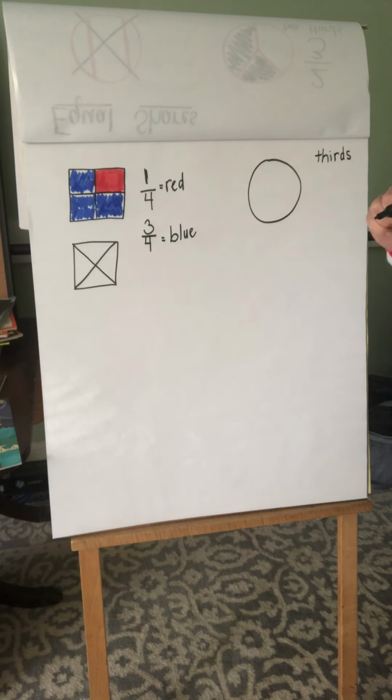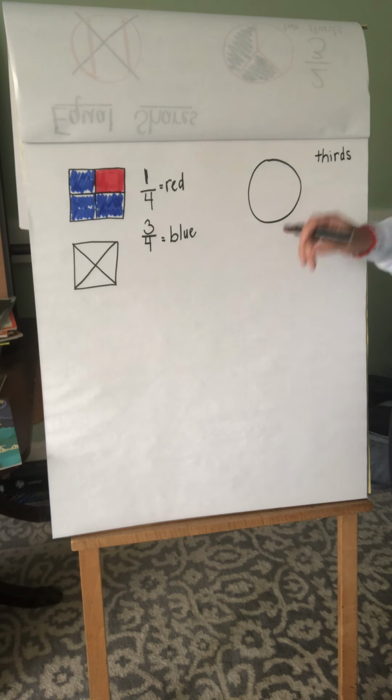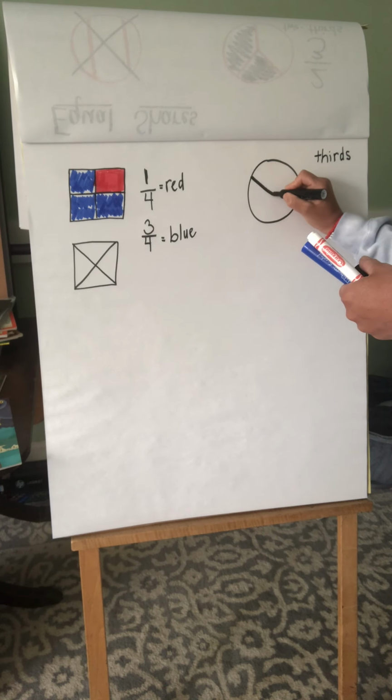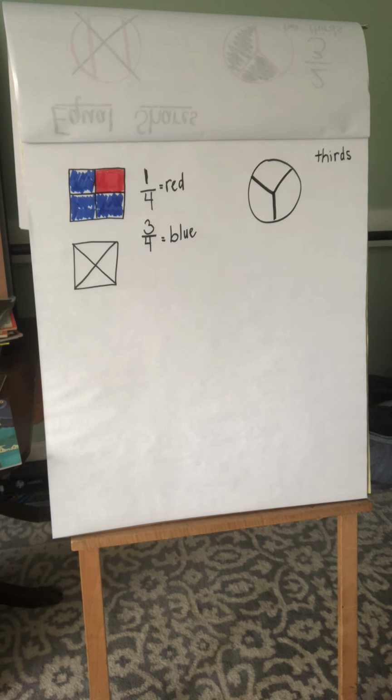Remember, there's a letter you want to use to make it into thirds. You can't really do it with lines because it's a circle. So what you want to do, and again, just do your best job, is make a Y in the center. Okay? Now we have 3 equal parts.